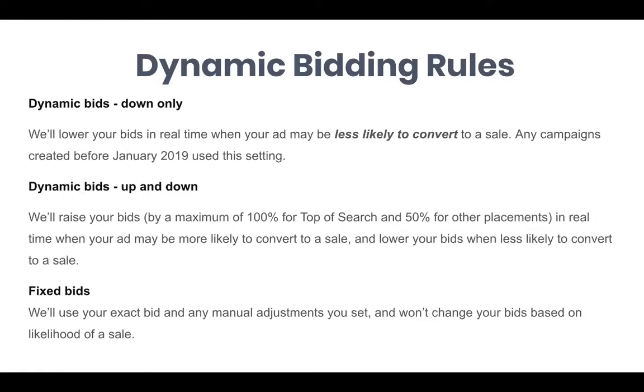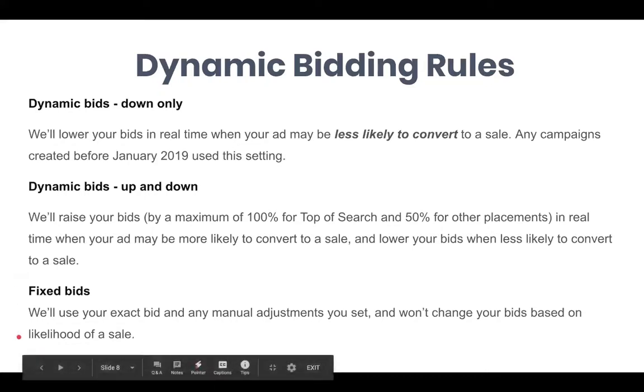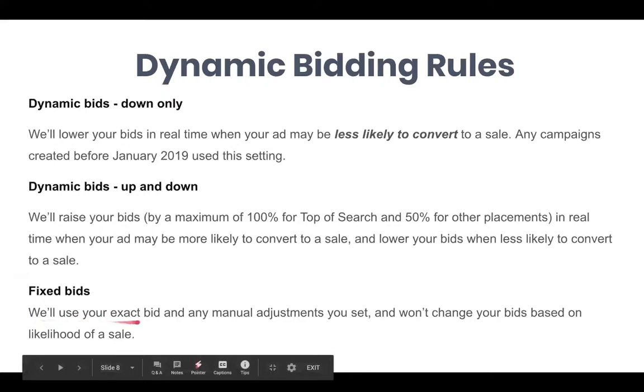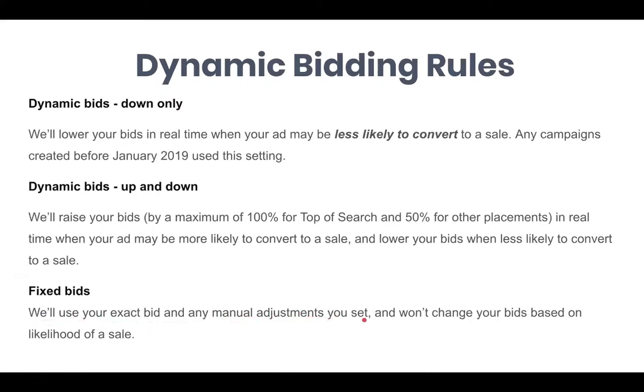However, when you do want your ad to be shown regardless, like, you don't want to trust Amazon fully, there's the third option of fixed bids, where you tell Amazon, no matter what, just show my ad. I'm willing to take the risk, and I'm willing to eat the cost. "We'll use your exact bid and any manual adjustments you set, and won't change your bids based on the likelihood of a sale."